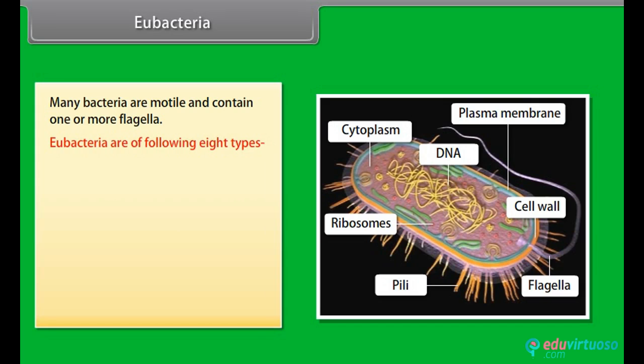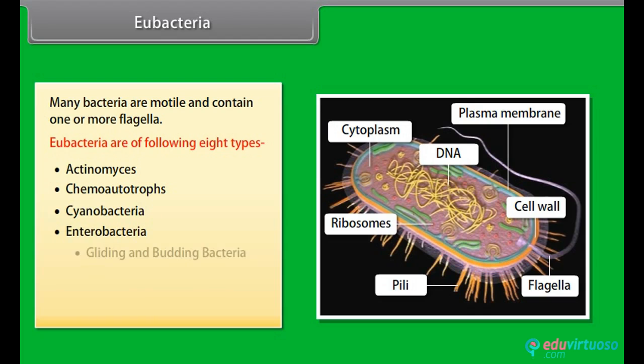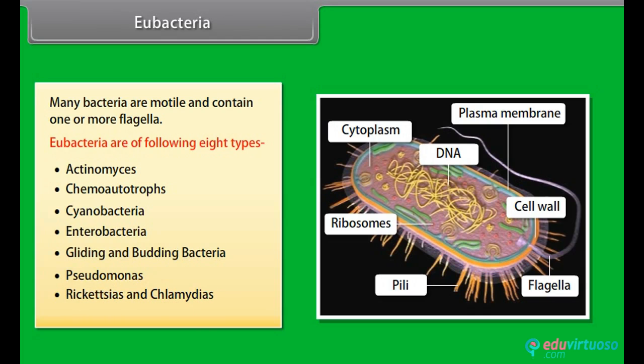Eubacteria are of the following 8 types: actinomyces, chemoautotrophs, cyanobacteria, enterobacteria, gliding and budding bacteria, Pseudomonas, Rickettsias and Chlamydias, spirochetes.